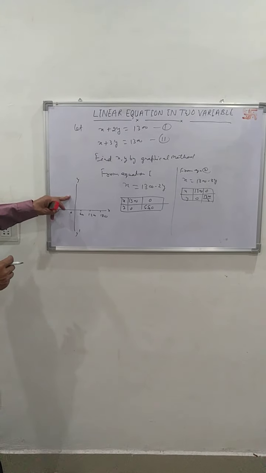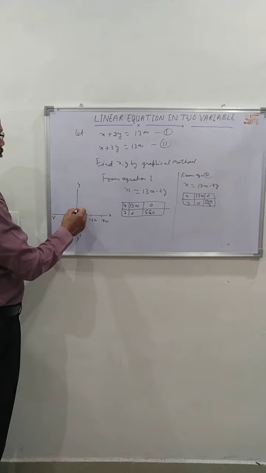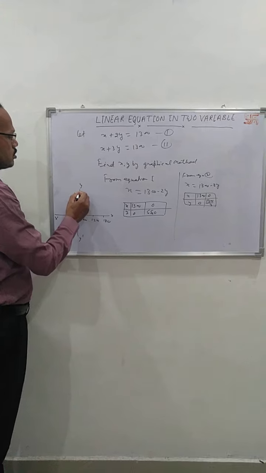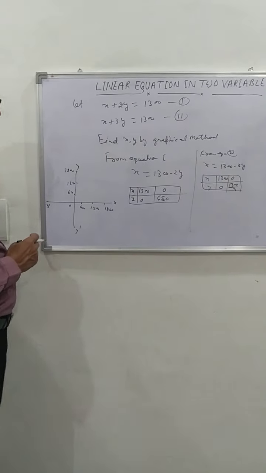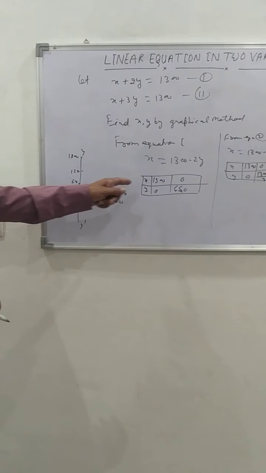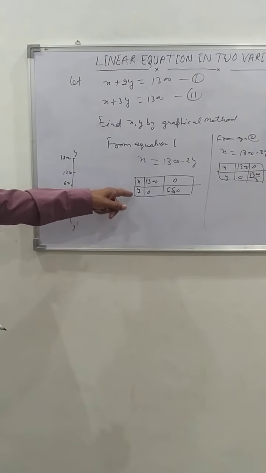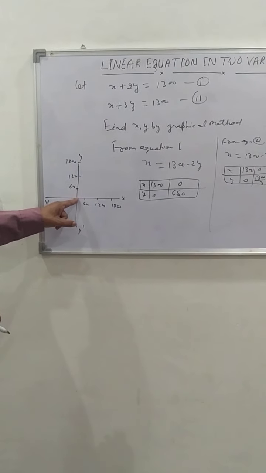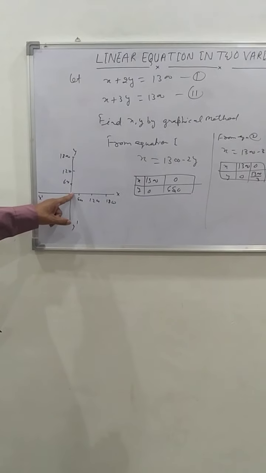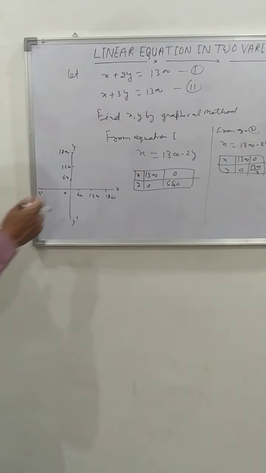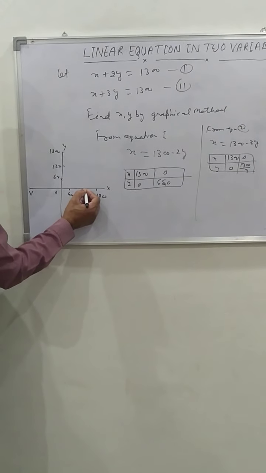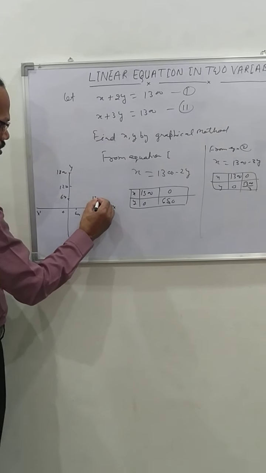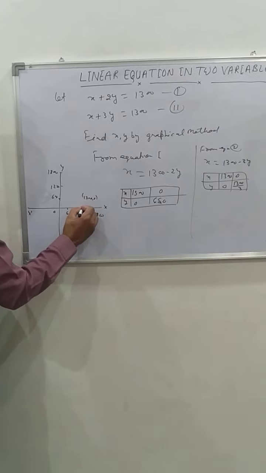In a similar manner we consider the y-axis also: 600, 1200 and 1800. The first point we locate on graph paper is (1300, 0). On the y-axis 0 will come at this point, and x equal to 1300 will come near this point. So overall the first point we locate is (1300, 0), that is this.